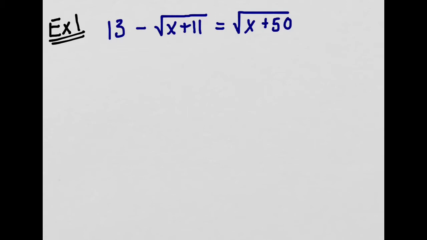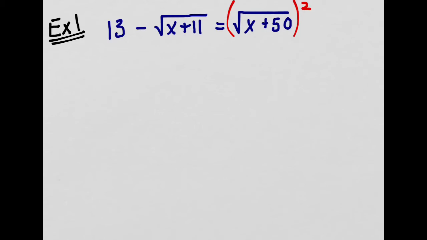Okay? So if you look on the left-hand side and on the right-hand side, these radicals are already separated. So I can very easily, on the right-hand side, get rid of this square root. Okay? Well, as we've done in the past, since we have a square root, the way we can get rid of this is to just square it. So what I'm going to do is take this entire right-hand side, and I'm going to square it.